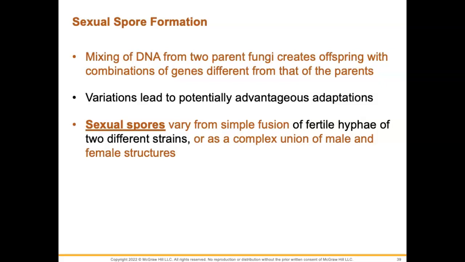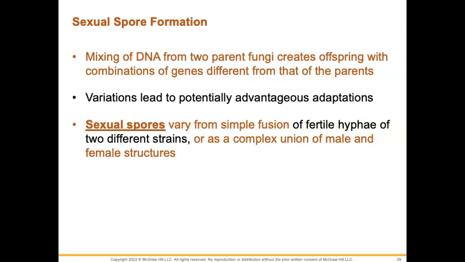More on sexual spore formation. So mixing of DNA from two parent fungi creates offspring with combinations of genes different from that of the parent, which is a good thing. As noted here, it's an advantageous adaptation.